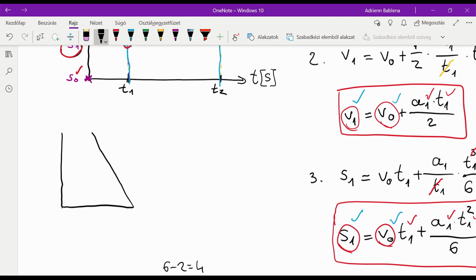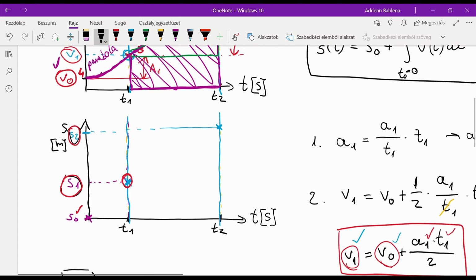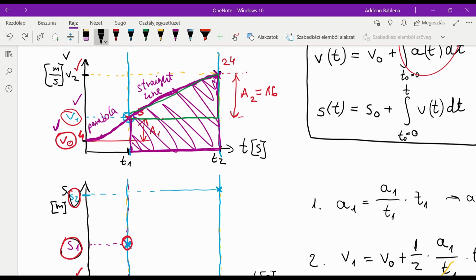Then there is a trapezoid. Usually it's drawn in this way, but now we can see it rotated by 90 degrees. So now you see this trapezoid. It's 90 degrees, 90 degrees. Now you can see v1 and v2.